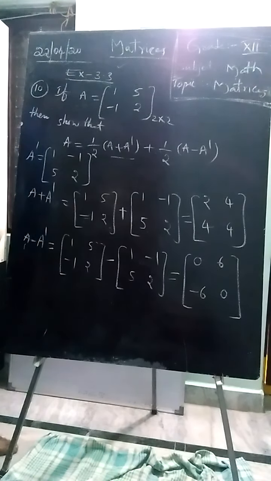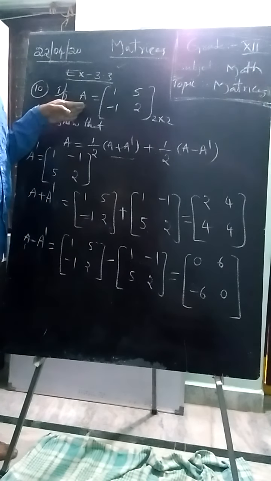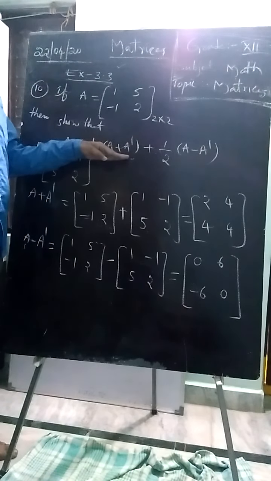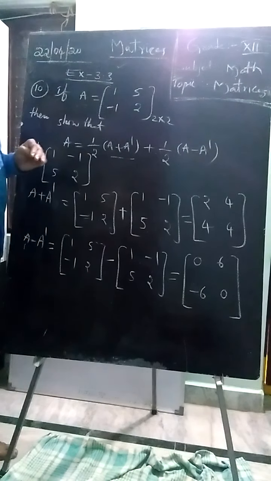We discussed how to write a given matrix as a symmetric matrix or as a skew symmetric matrix. If a square matrix A is defined, then A plus A transpose is a symmetric matrix and A minus A transpose is a skew symmetric matrix.